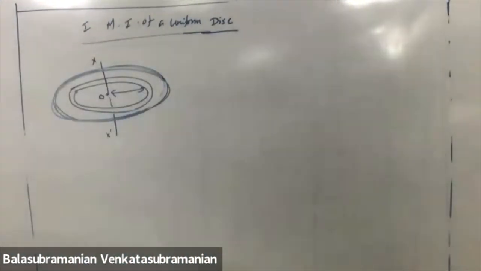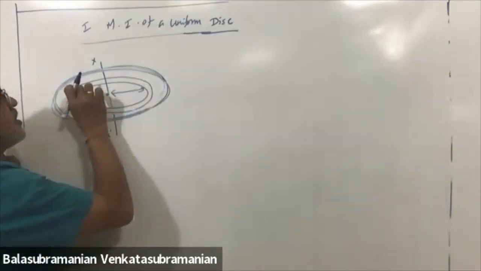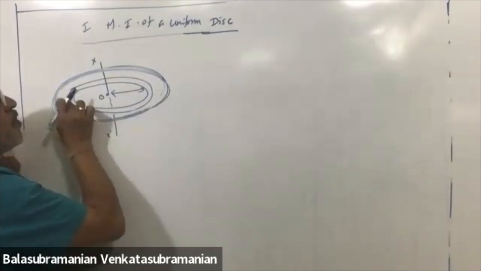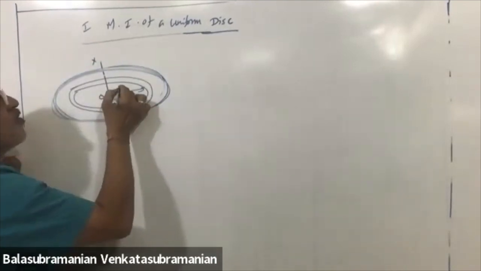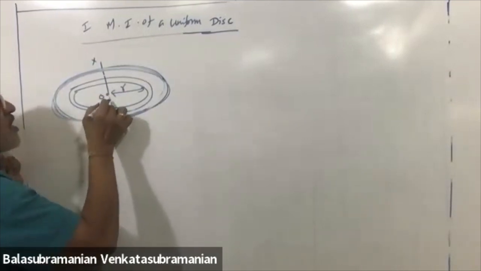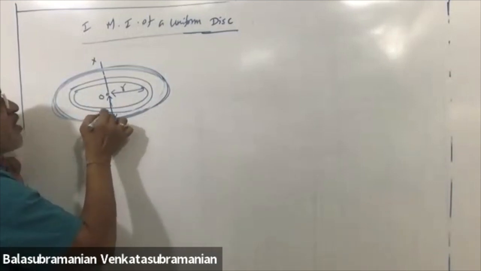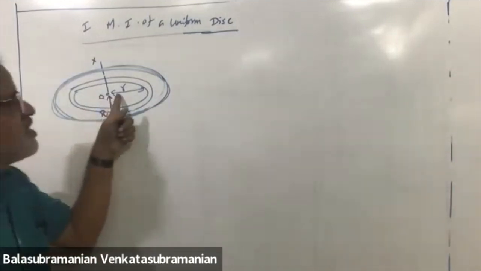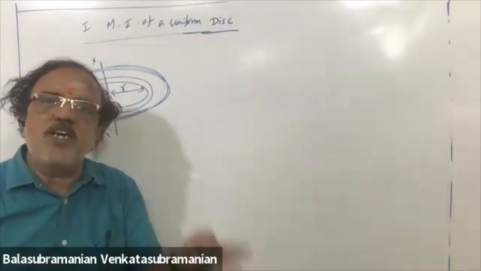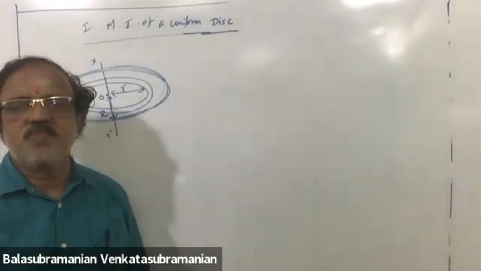So, in the case of a disc, this portion is a ring, a small portion, whose radius or distance is small r. Whereas this distance is nothing but the radius of the disc. This is the radius of the ring you are considering. You are considering only a small portion of the disc.